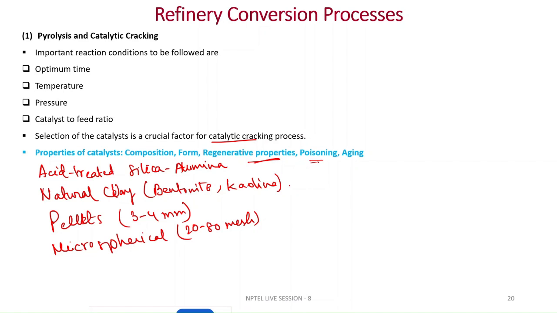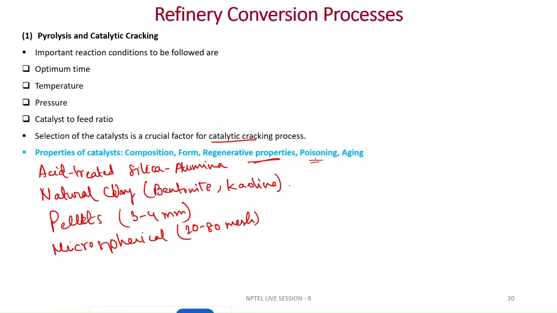Poisoning effects are also important, because if it is permanently poisoned, then it cannot be used further, right? The catalyst should have high tolerance toward any kind of poisoning, sulfur poisoning or any other. It should not be that sensitive to the poisoning agent.